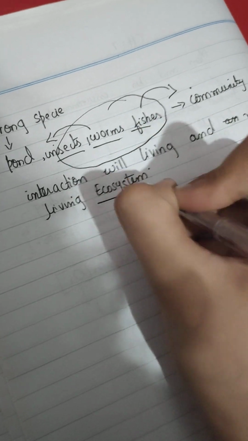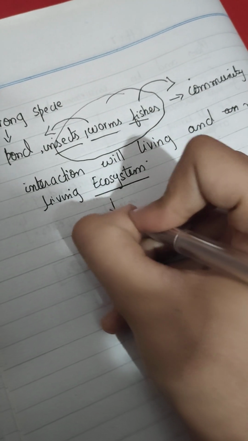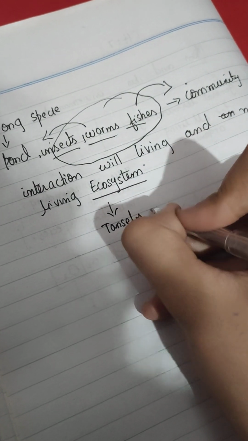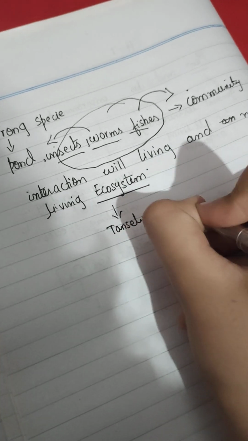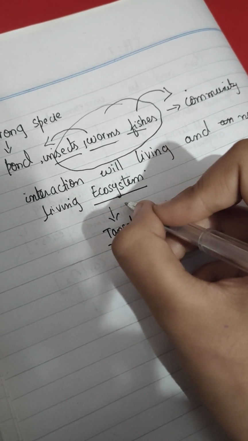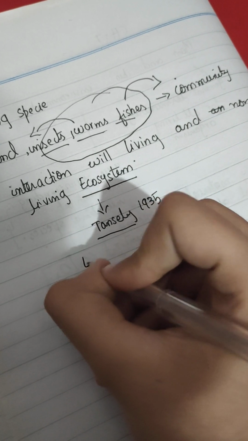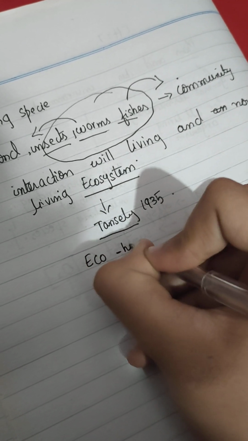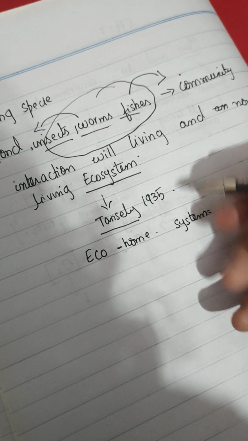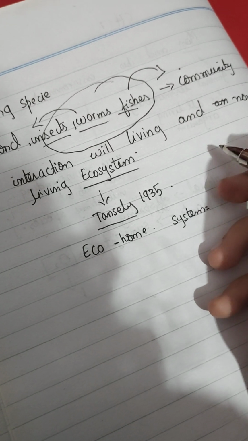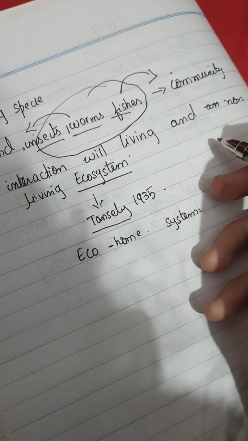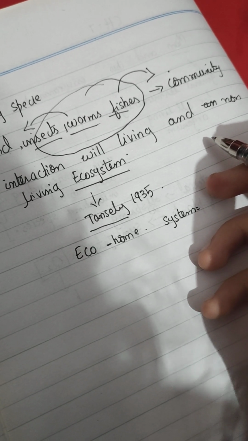This word was first proposed by Tansley in 1935. Tansley introduced the word ecosystem, where eco means house or home, as I told you, and system means the interaction between the non-living and the living organisms. They interbreed and form offspring. So this is known as ecosystem.